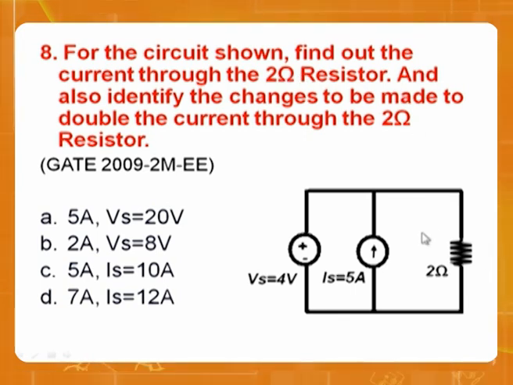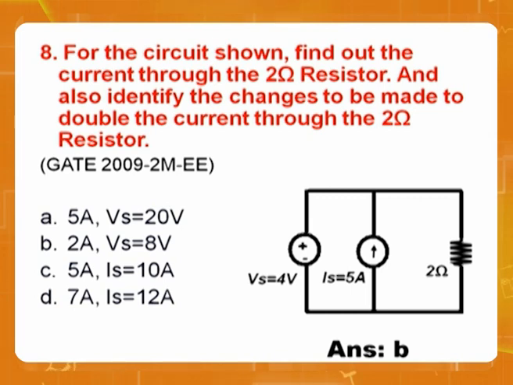We have to calculate how much current and voltage are available in order to double. So please look at the options here: 5 amperes, Vs is here, 2 amperes, 8, 5, 10. Like that we need to decide what is happening.